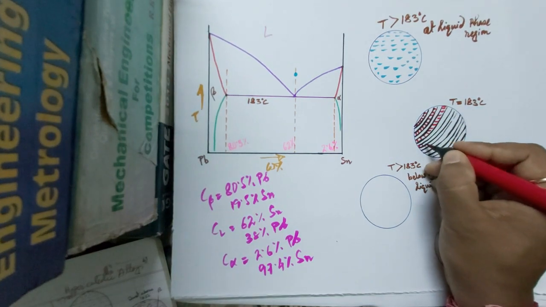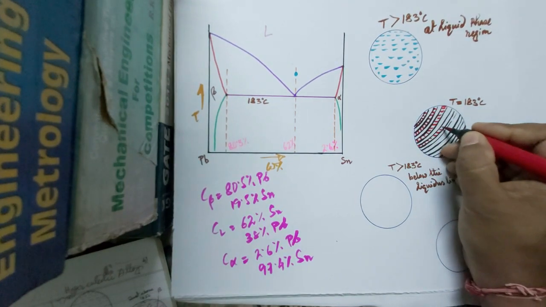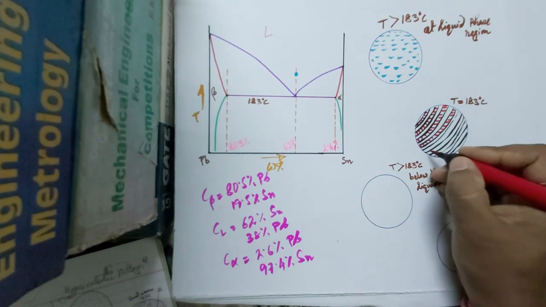So these are continuous alternating layers of alpha and beta.